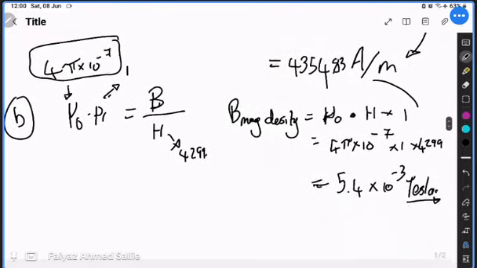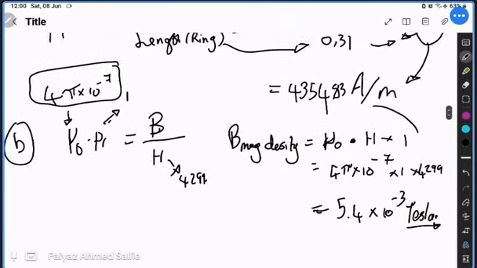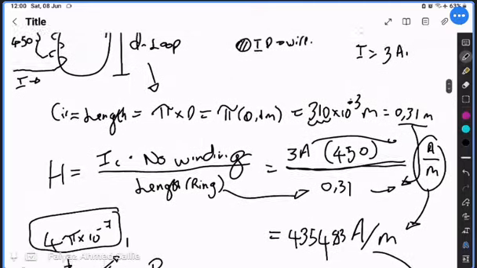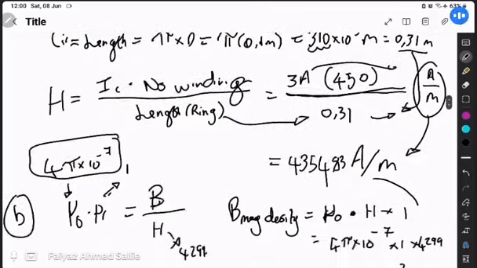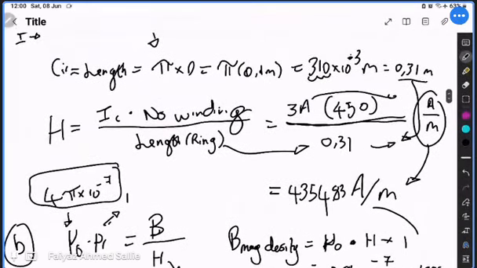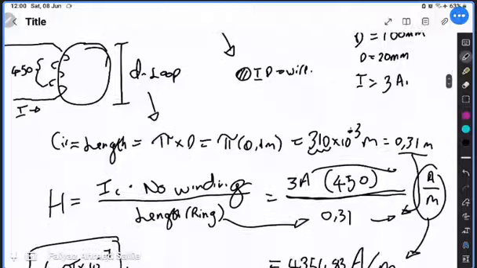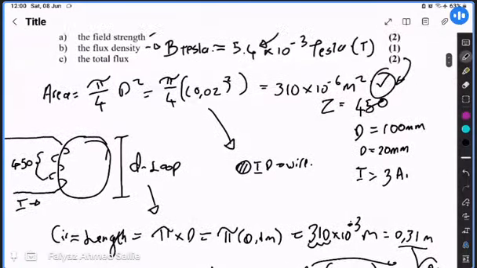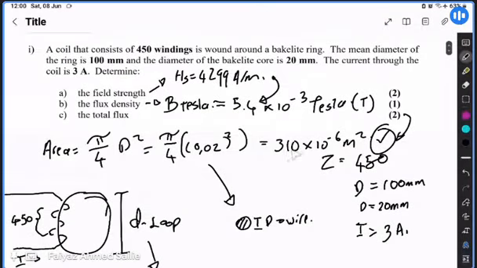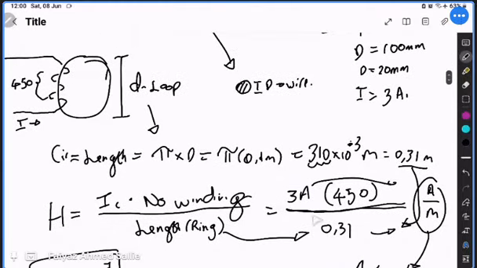Okay. Let me just check. Okay, 310. It's still correct. It's just that for the area here I rounded off, so that's why.